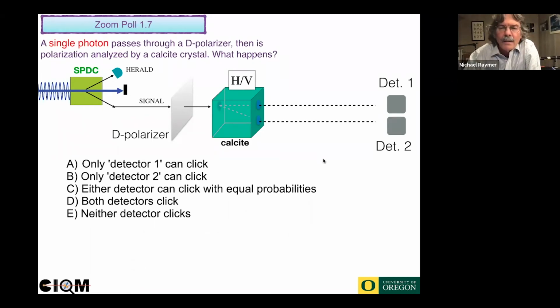So let's think about this. There's a single photon here. The fact that it made it through this polarizer means it's depolarized. Its polarization is tilted at 45 degrees. And I just want to run the poll again. Go ahead and answer again.